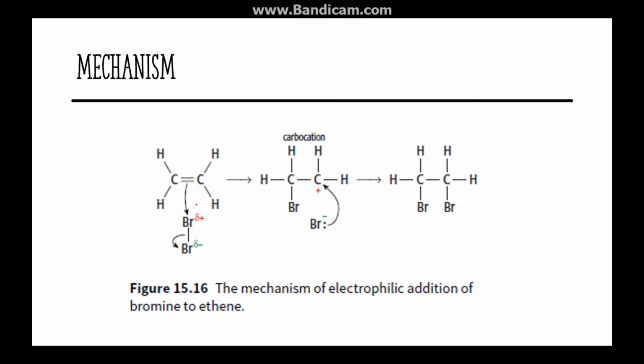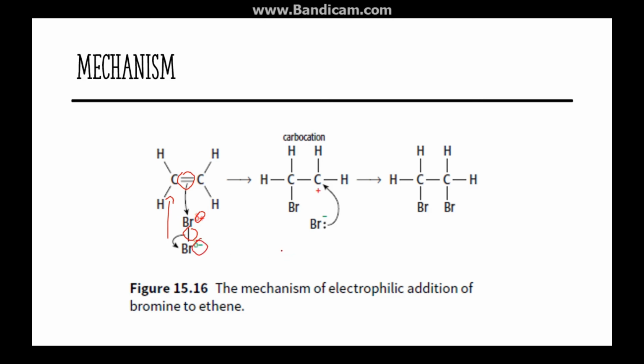As a bromine molecule approaches an ethene, the area of high density of electrons around the double bond C repels the pair of electrons in the bromine-bromine bond away from the nearest Br atom. This makes the nearest Br atom slightly positive and the farthest Br atom slightly negative.